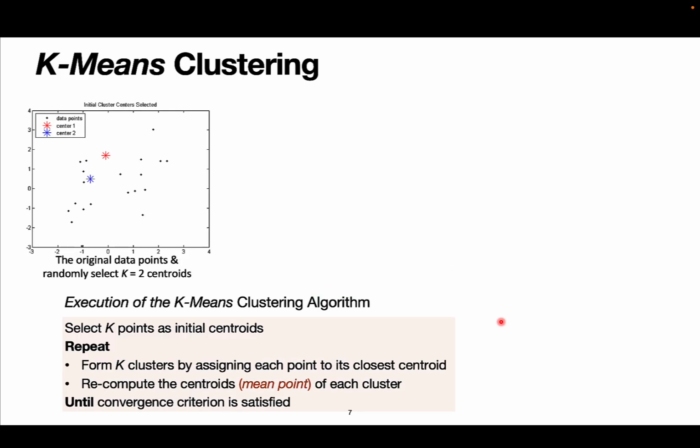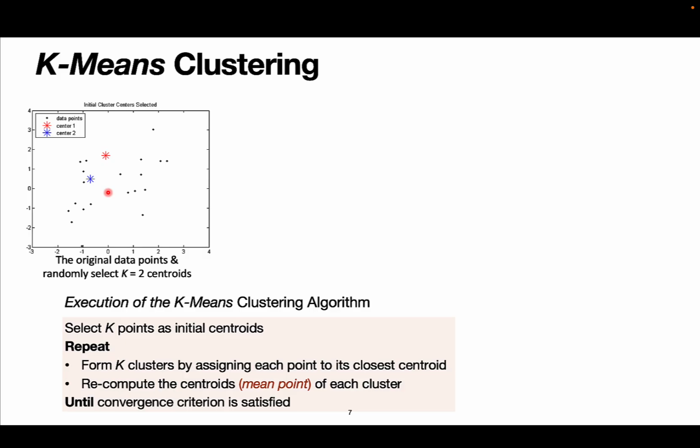Here is a visualization. We start with the original dataset presented with the black points. Now the algorithm randomly selects the initial centroids. K equals 2, so we have two centroids, the red star and the blue star. They are placed randomly at first.